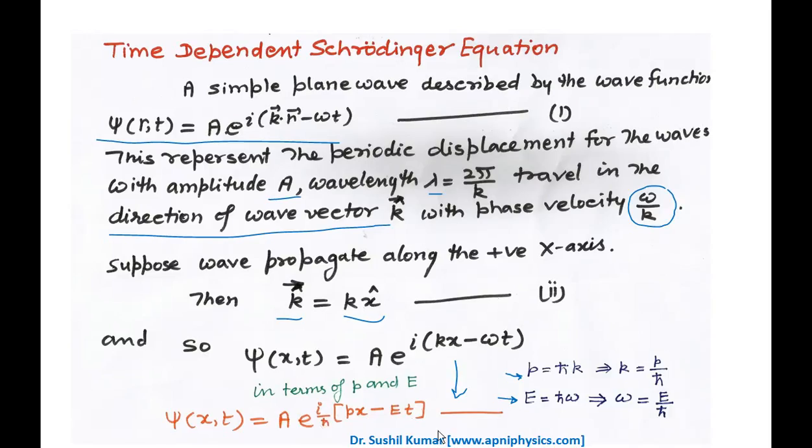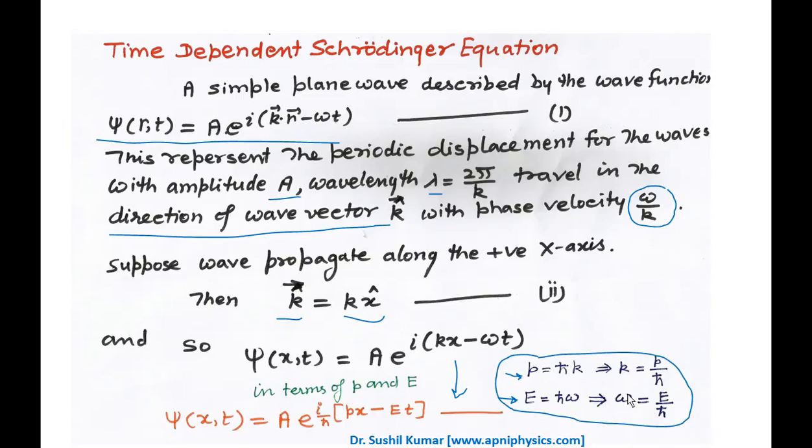How basically have I achieved this result? This result came from these two relations, where p is equal to h cross k. I can find the value of k is equal to p upon h cross. E is equal to h cross omega, that is omega is equal to E upon h cross.